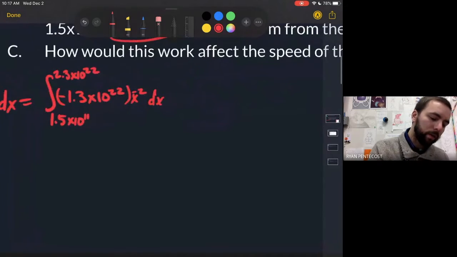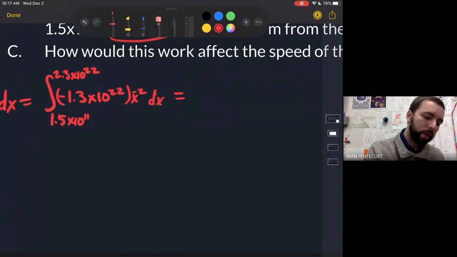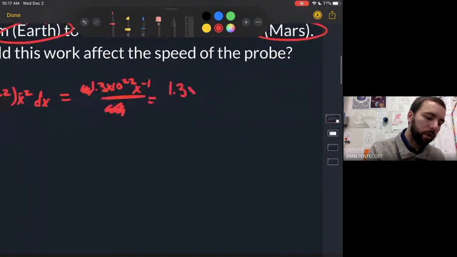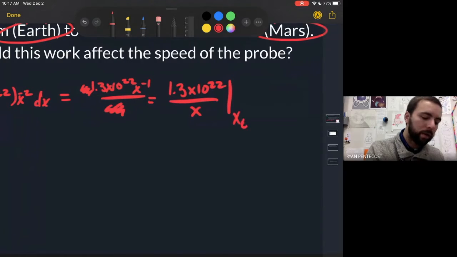So if we take the integral of this, we would get negative 1.3 times 10 to the 22nd x to the negative 1 divided by negative 1, so that negative 1 and this negative cancel. So what we end up with is 1.3 times 10 to the 22nd divided by x from x Earth to x Mars.